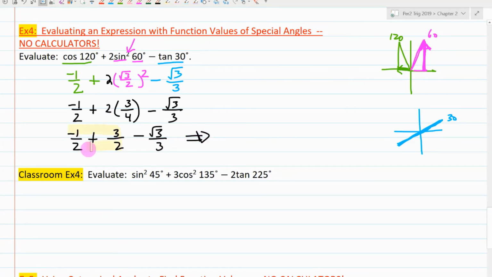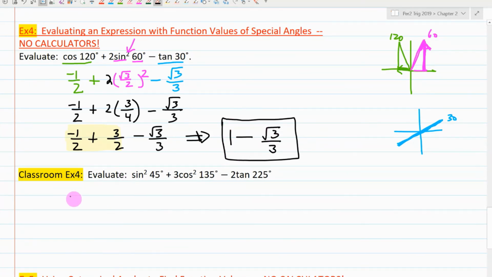If I combine these together, I get 2/2, which is 1 minus radical 3 over 3, and you can just leave your answer like that. If you wanted to combine those, you could, but it would look just as messy. It would be 3 over 3 minus radical 3 over 3. So it would be 3 minus radical 3 over 3, which just go ahead and leave your answer like that.